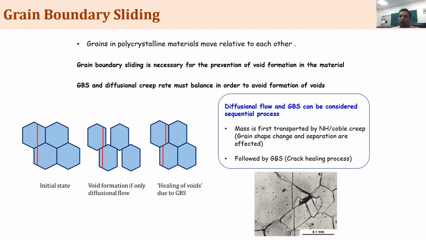You would not literally see a void formation until the process becomes extreme, where the temperature and probably the stresses are too high, because of which the movement of the grains in the first step becomes too large, so that the second process, which is the grain boundary sliding, is not able to keep up with it. And in that case, you may start to see the voids, which is shown here in one of the micrographs.